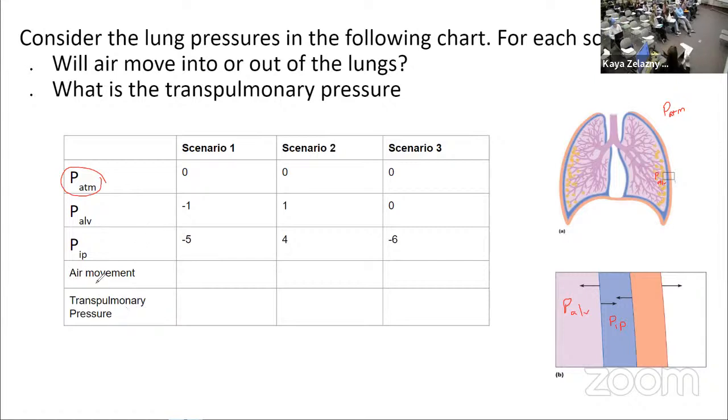Okay. And I say so that we pay attention to all of these numbers because all we have to do to figure out the air movement is compare two of these pressures. Which two would those be? Anybody want to volunteer? So we're going to be comparing the pressure in the atmosphere to the pressure where?